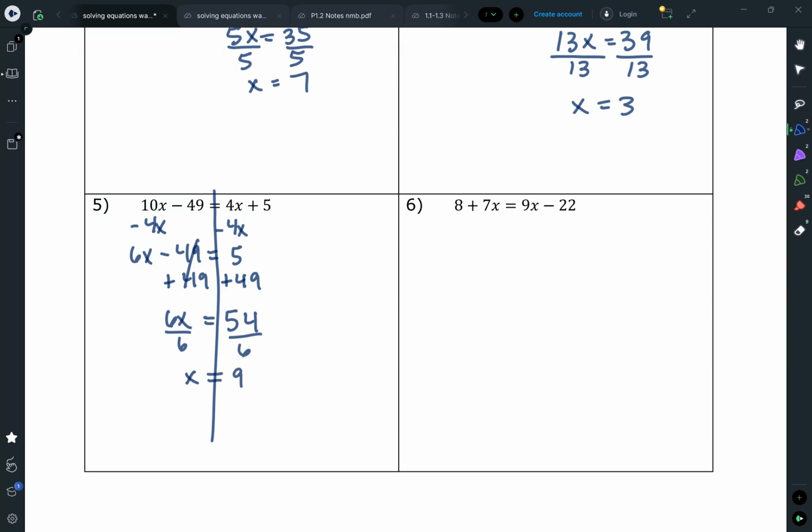Remember, our answers don't always have to be integers or whole numbers or anything, but when you're starting out with equation solving, it definitely makes you feel like you're doing them right. Last one, you're going to pause and try on your own, and then you can check your work with mine.